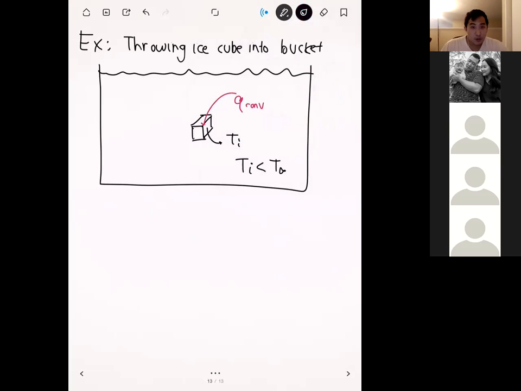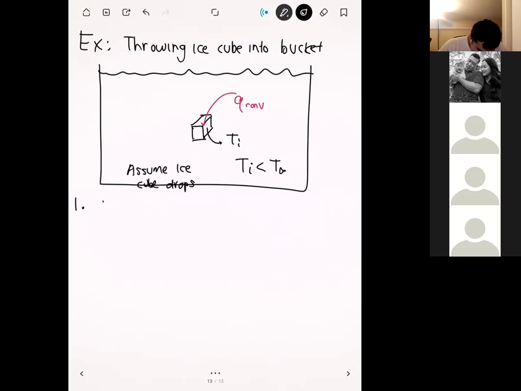And so for this problem, we're going to do the following. The first thing we want to do is solve for the time evolution of temperature. We're going to assume the ice cube drops.